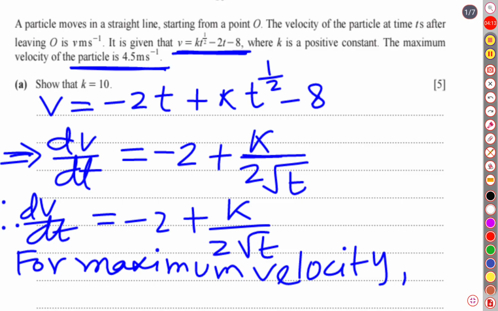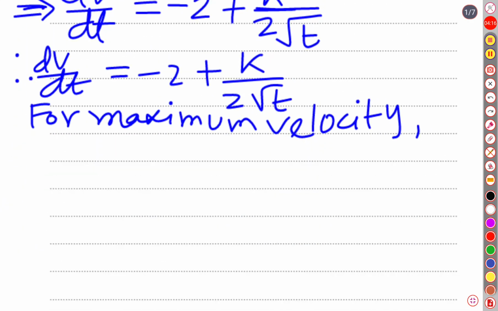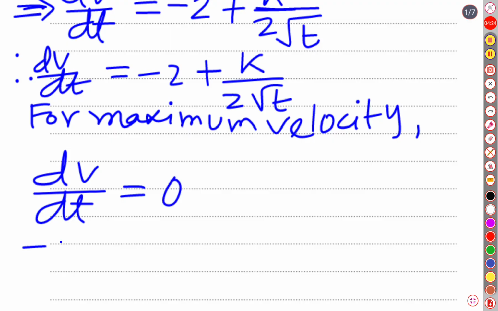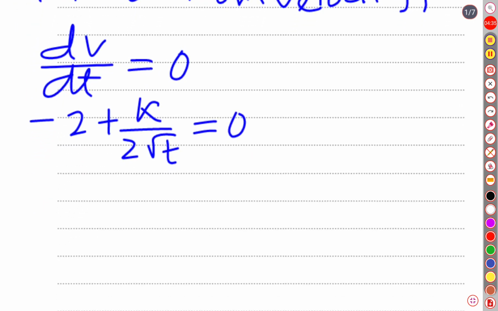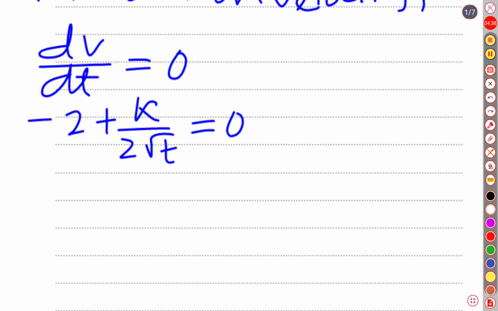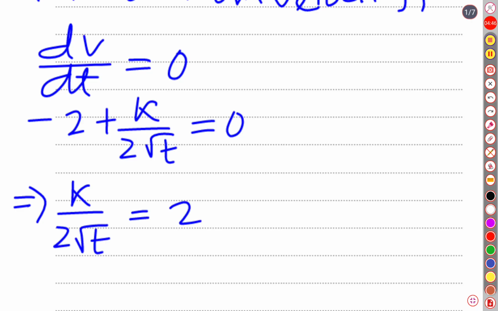Remember, for maximum and minimum velocity the derivative is always 0. dv over dt is equal to 0. That means minus 2 plus k over 2 square root of t is equal to 0. So ultimately, k over 2 square root of t is equal to 2. We are supposed to find t, so we will isolate t on the left side.